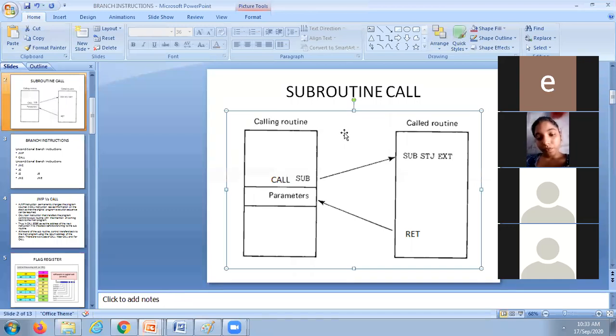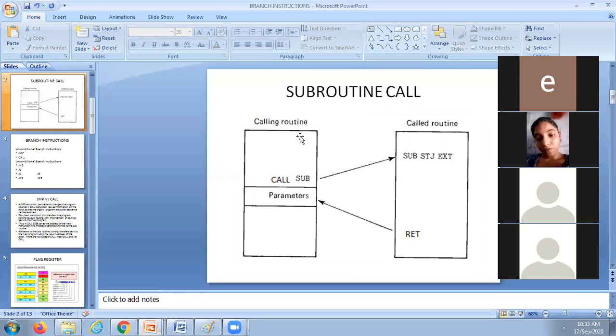While the main program is executing, there is an instruction called call, call some subroutine, call the factorial function, or call some other function, ABC. ABC is a subroutine.